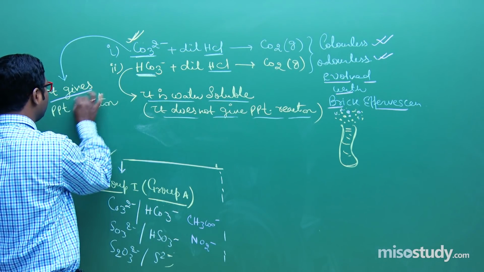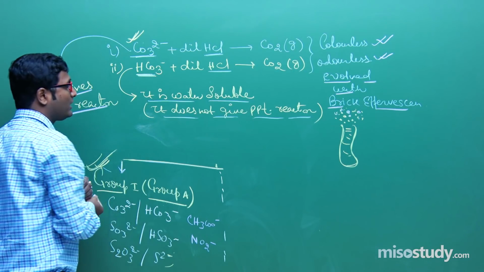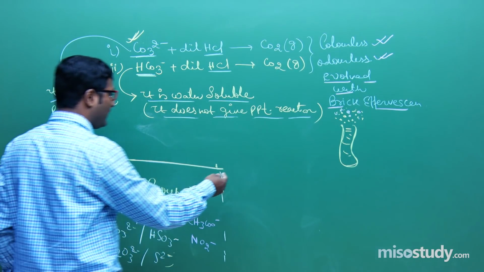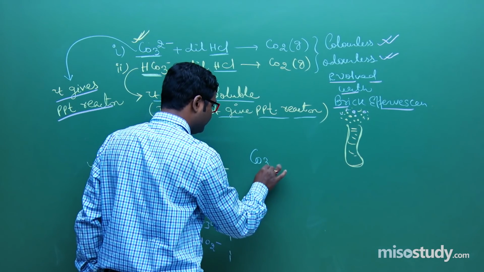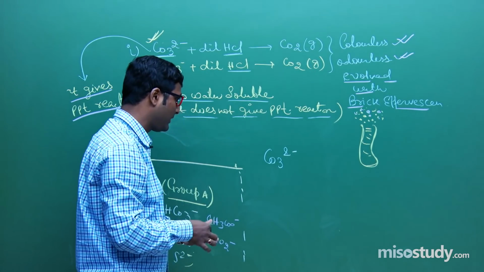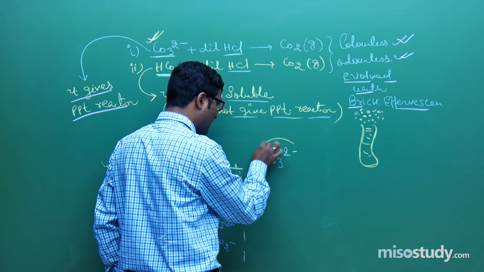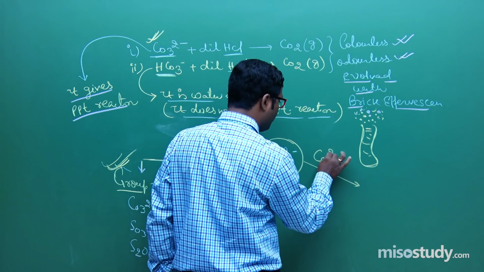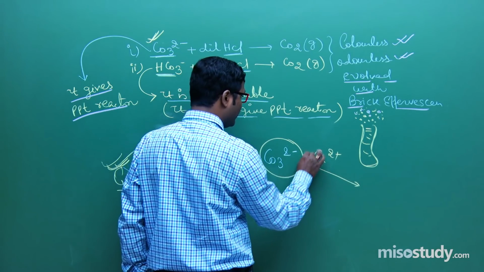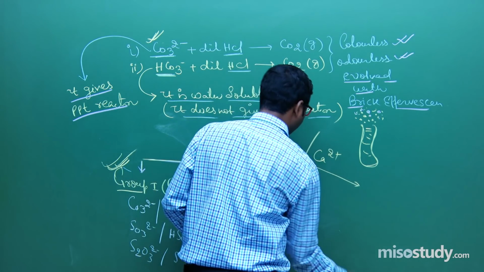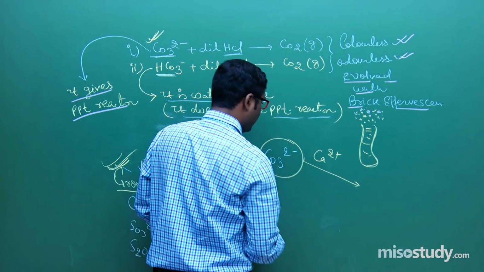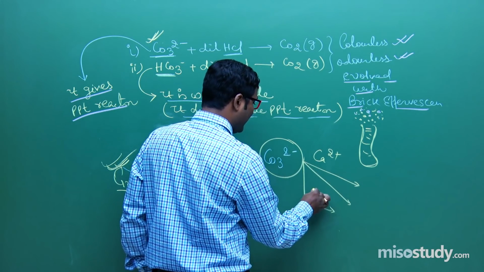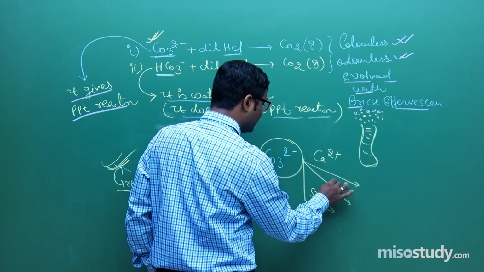Now, how to layer them? One gives a PPT reaction and one does not. What is a PPT reaction? Check it out. If I write here carbonate, clear to you? This one is carbonate. Now, if I treat it with Ca2 plus, Ba2 plus, or Sr2 plus, then what will happen?